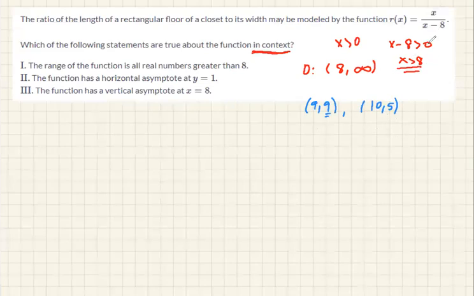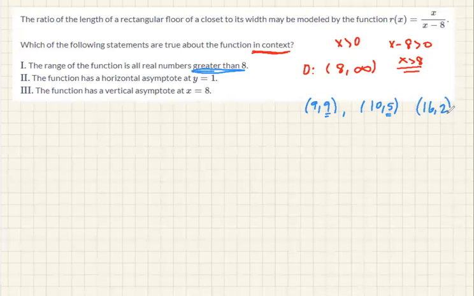But at least from these concrete points, we can say that this is for sure not correct, because we already got 5 as one of the y values. Let's say we choose x to be 16. 16 divided by 8 is going to be 2.